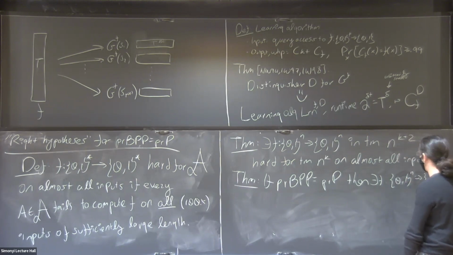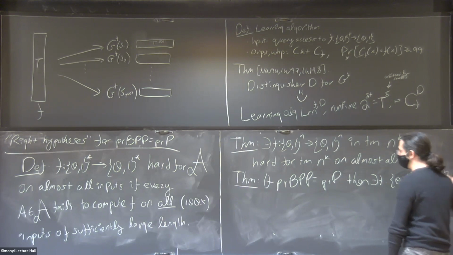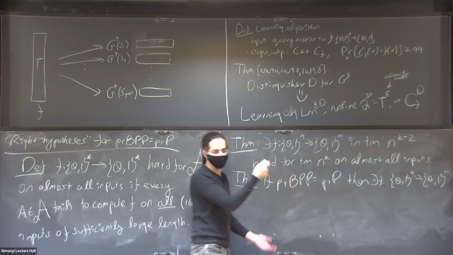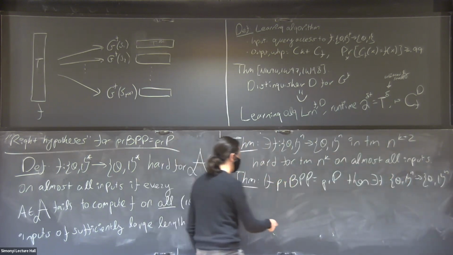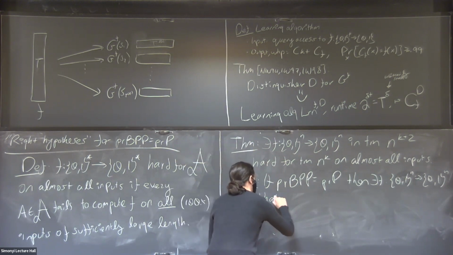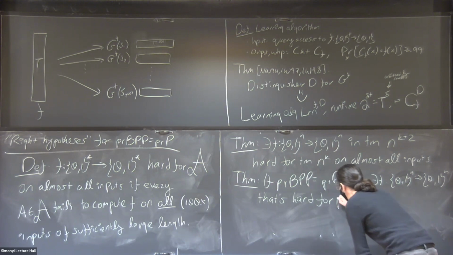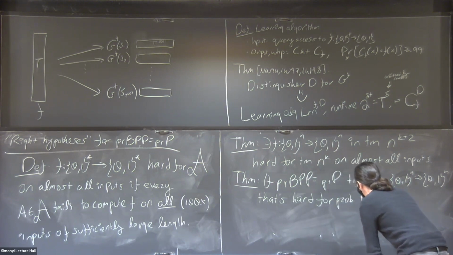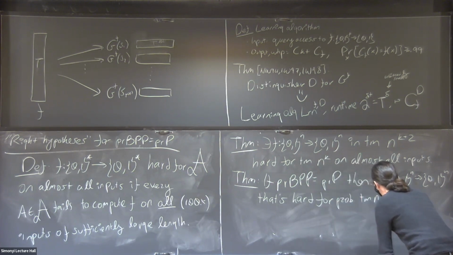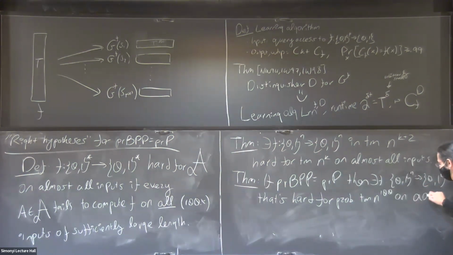Let's say it's length preserving, just for simplicity, we don't really need that it's length preserving in any way. That's hard for probabilistic time n to the 100 on, and I'm writing a shorthand here, AAI, almost all inputs.